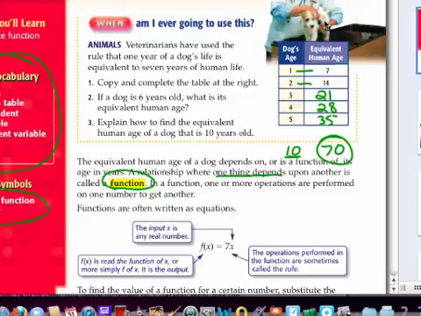And we write the function like this. The function of the dog's age, or the human equivalent to the dog's age, would be something like that, where we've got this function here equal to 7 times x. Typically the way they're going to read this is they're going to say the function of x, or more likely you're going to hear them say f of x.